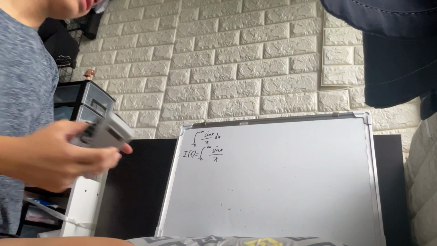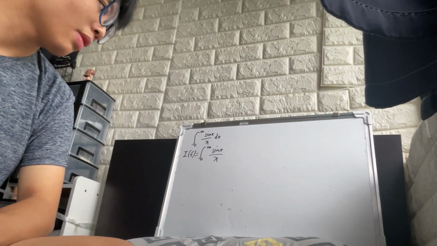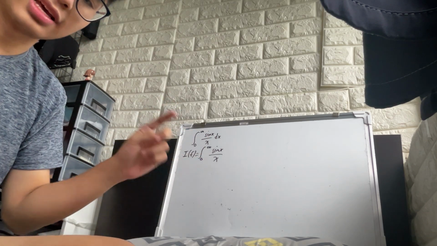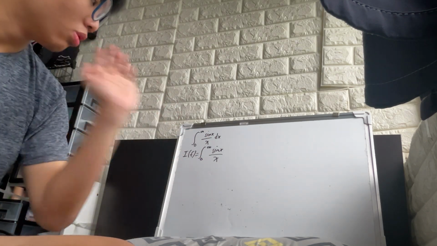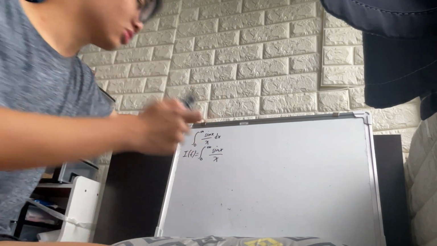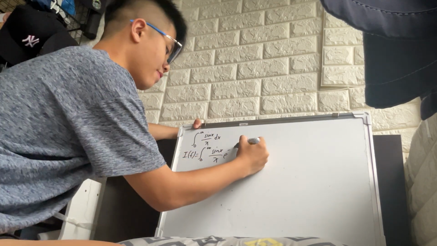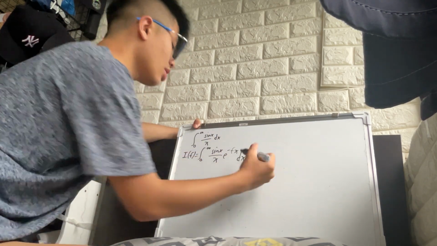So the final thing we're gonna do: what function can we multiply by and then produce the extra x? So I'm going to do e to the power of negative f of x like that.